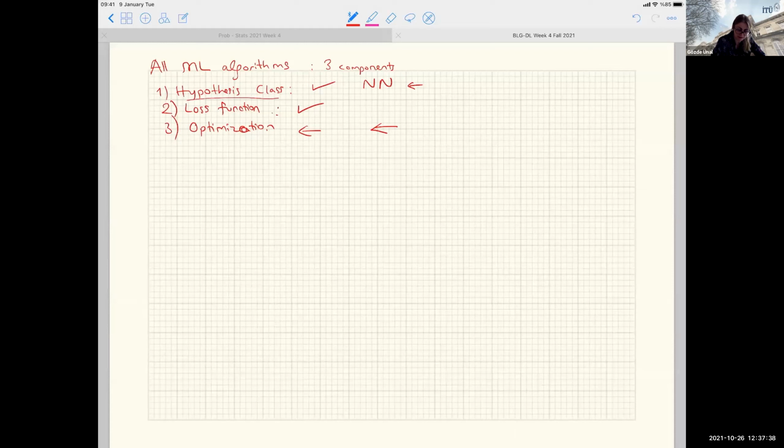This hypothesis class is doing the mapping. Actually there is X, maybe data distribution, like Fariba was asking, and training samples. This is mapping this. For instance, this is a neural network hypothesis class.